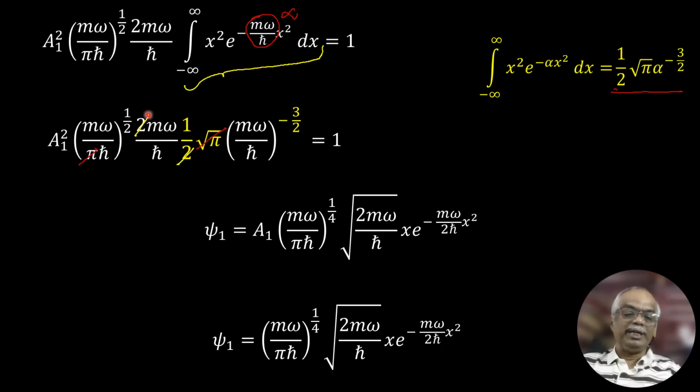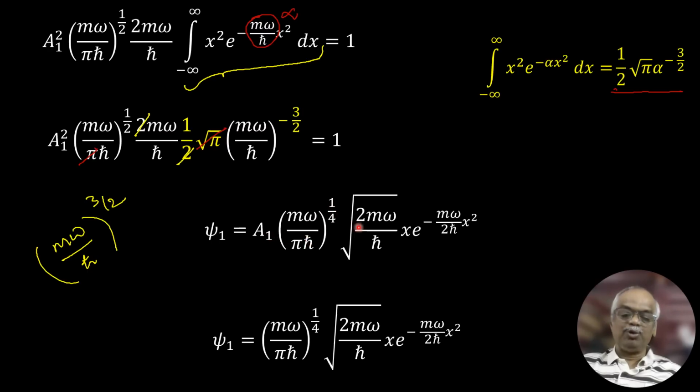If you multiply these two, you will get m omega over h cross power 3 by 2. Then there is a term m omega over h cross power minus 3 by 2. If you multiply this and this, you will get 1. So a1 squared is equal to 1. Then a1 is 1.